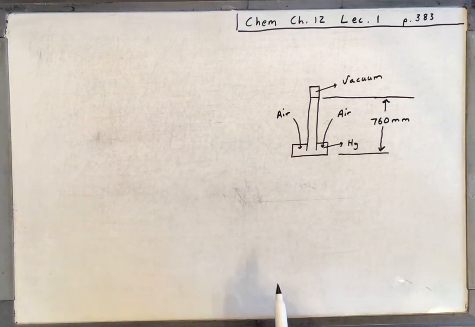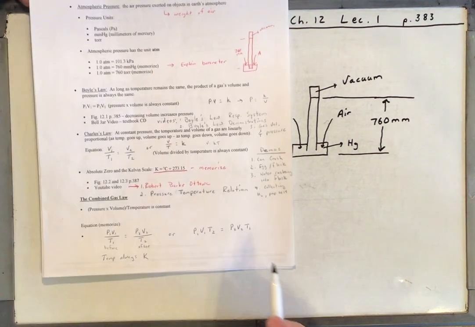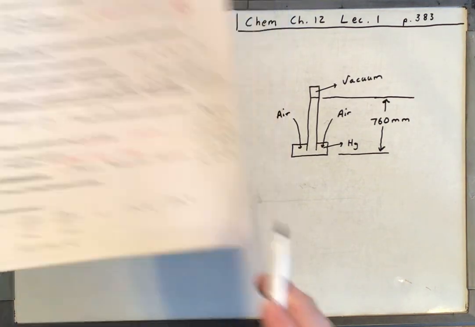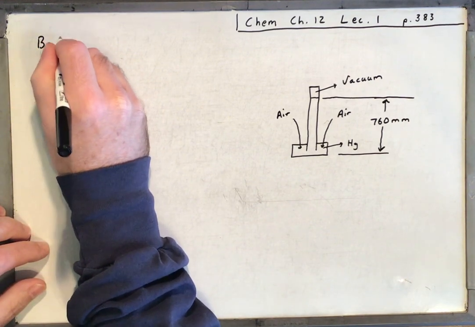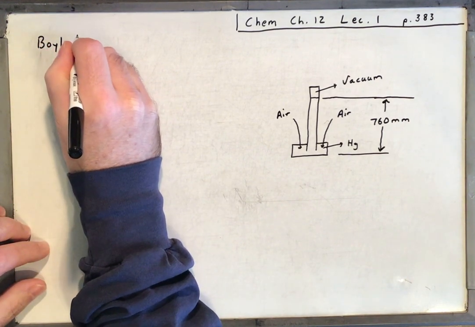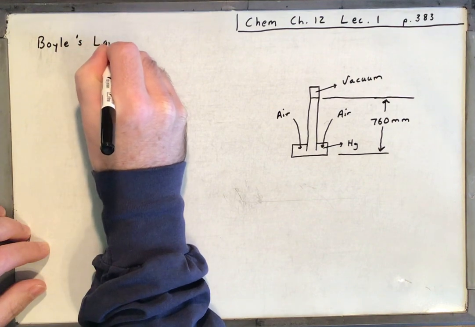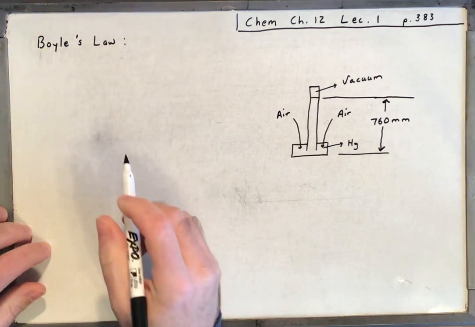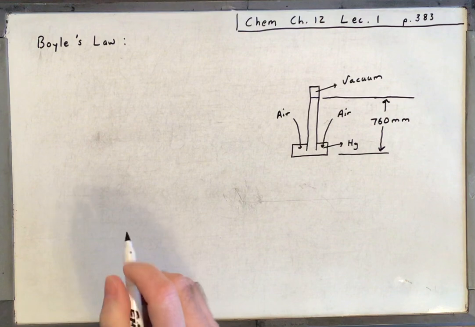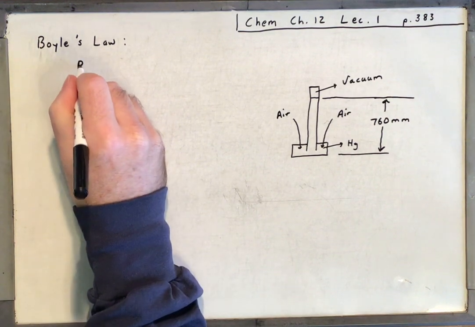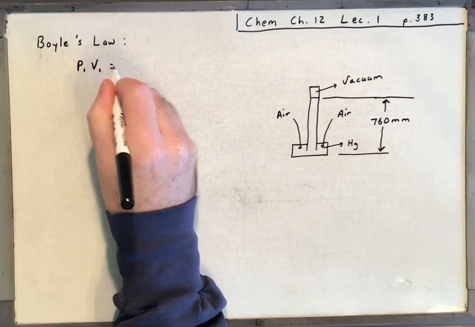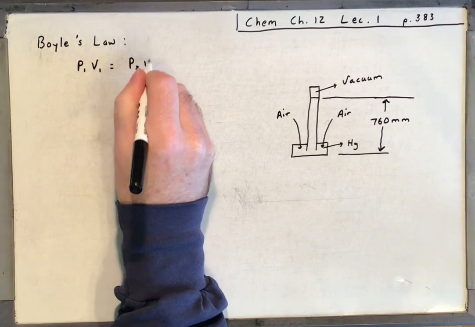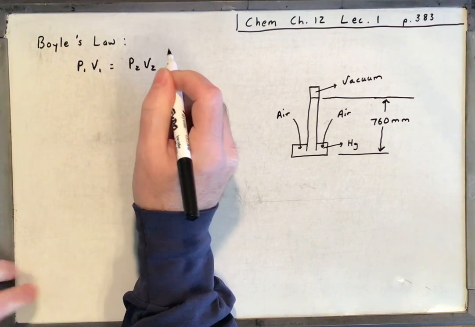Moving on down your notes, the next thing that we talk about is Boyle's law. Boyle's law relates pressure and volume. So you can just think of it as P1V1 is equal to P2V2.